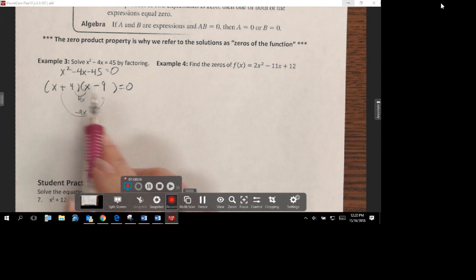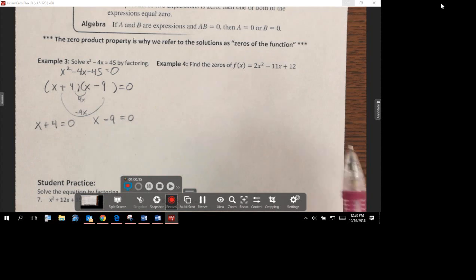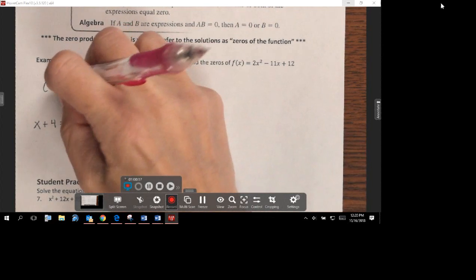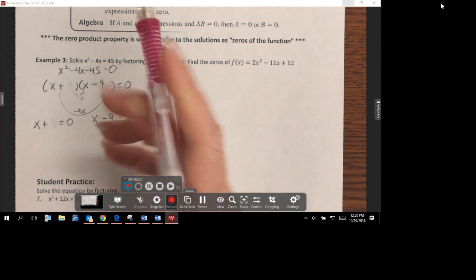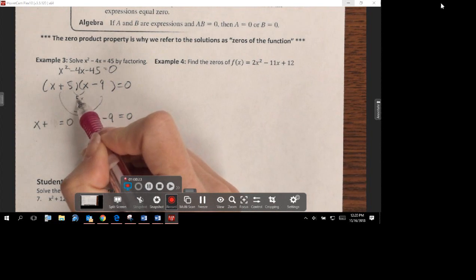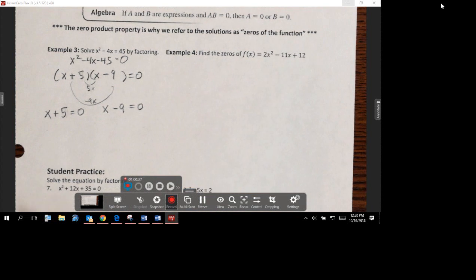Then what do we do with each factor? I'm going to set each of these equal. Oh, yeah. I was thinking of the answer, not what I should have written down. Sorry. Thanks for asking questions instead of just writing down what I wrote.